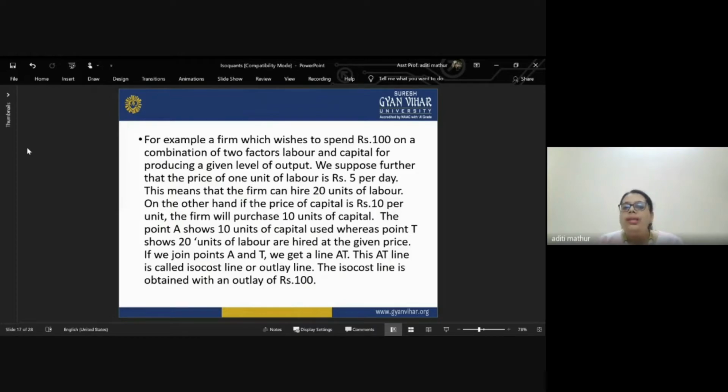If we join point A and T, we get the line AT, and this AT line is called the isocost line or outlay line. The isocost line is obtained with the outlay of 100 rupees.